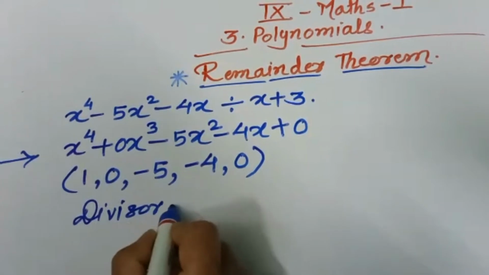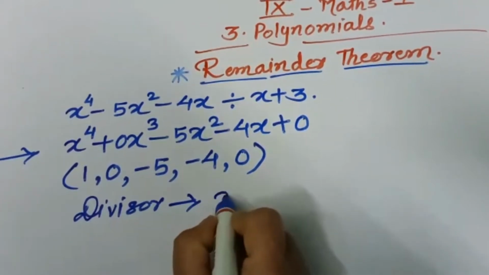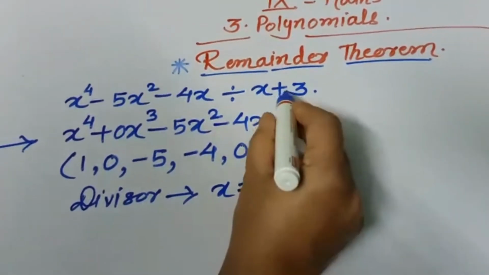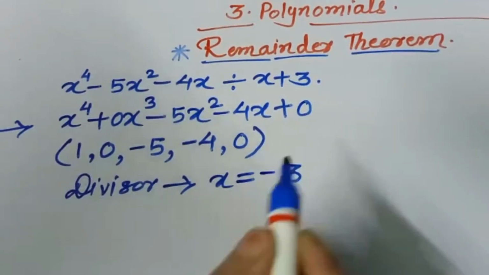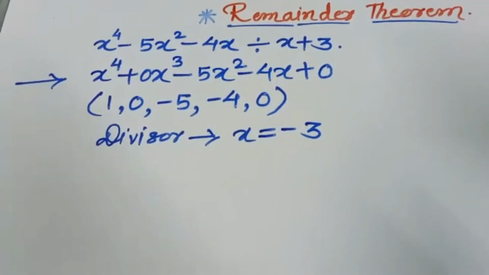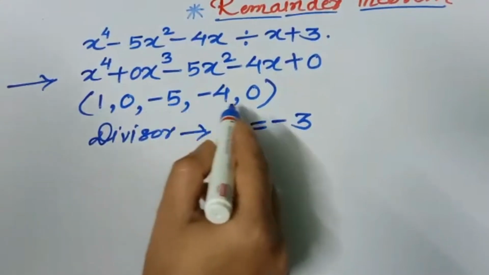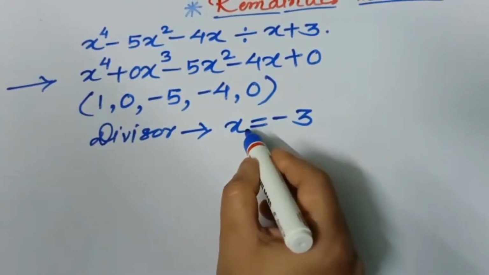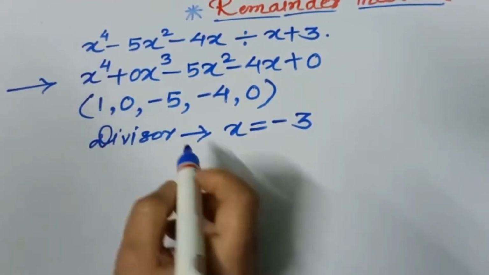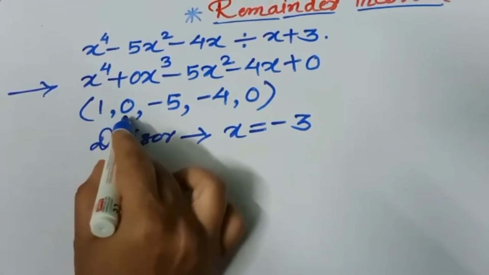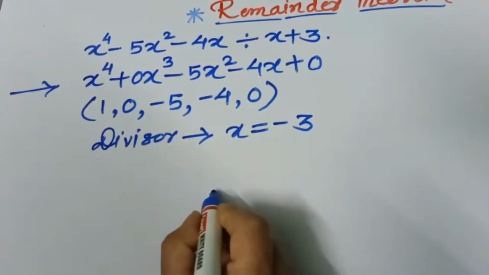Now this divisor x plus 3 is the divisor. Now this divisor we are writing in the opposite form, that is x is equal to plus 3 opposite number minus 3. Understood? Now we will divide this coefficient form of the polynomial by this x is equal to minus 3. So for that we are arranging all the coefficients in a horizontal way.